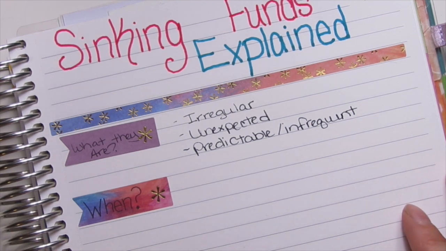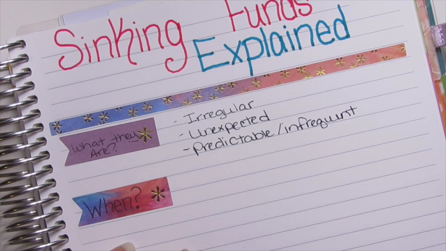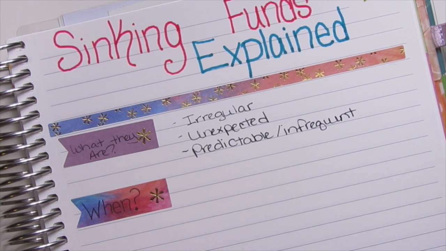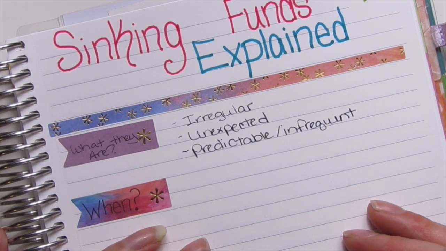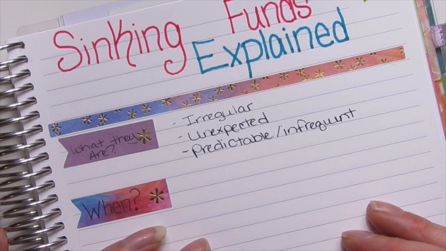Now, if you are just starting out with budgeting, you might not be able to do sinking funds right away, or maybe you'll only be able to take care of one or two, and that's okay.